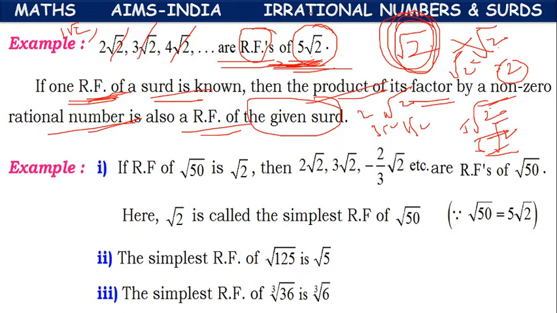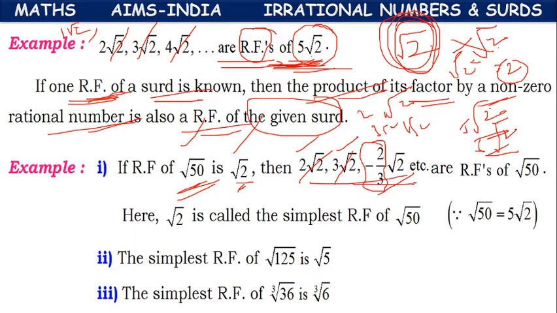Okay. So next, if the rationalizing factor of root 50 is root 2, then what can we tell? 2 root 2, 3 root 2, 4 root 2, minus 2 by 3 root 2. These are not only normal integers, we can even have a multiple of a negative or positive rational number as a factor.